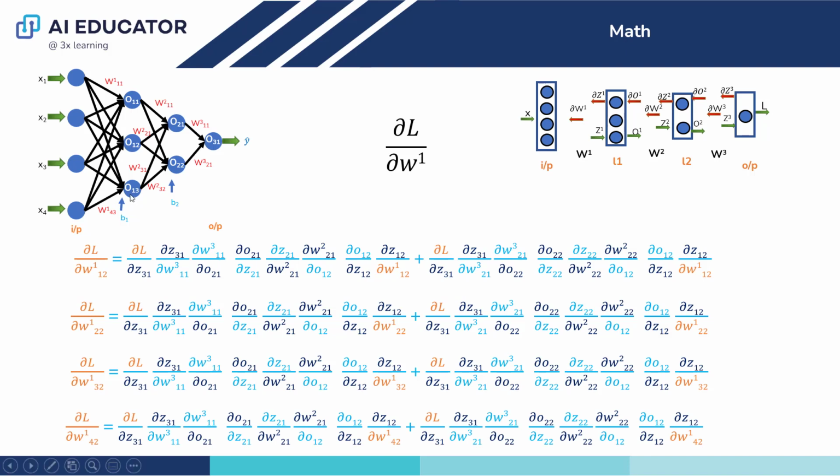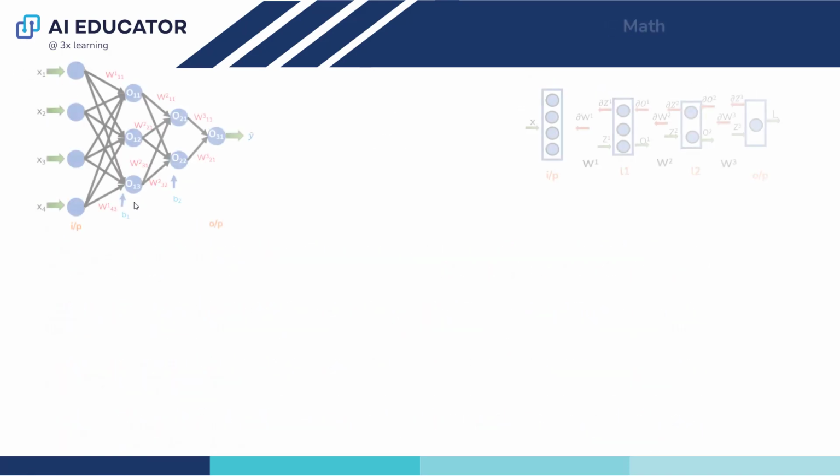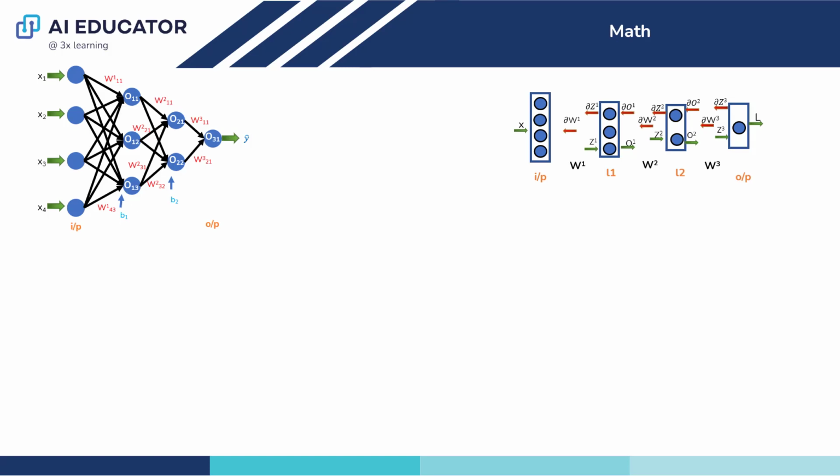Now let us calculate the weights of the connections which will come to this node. Okay. For this node, we'll be getting four more connections and four more weights. They are W113, W123, W133, and W143. And we can also go two ways to this node in order to go to the connections. The first way is to go from this node to this node and from this node to this node.